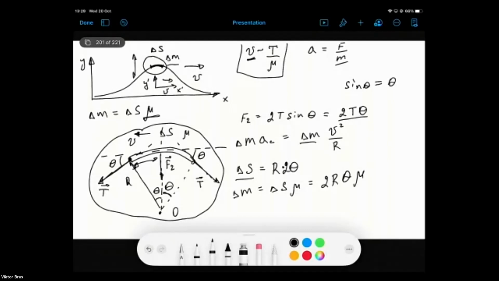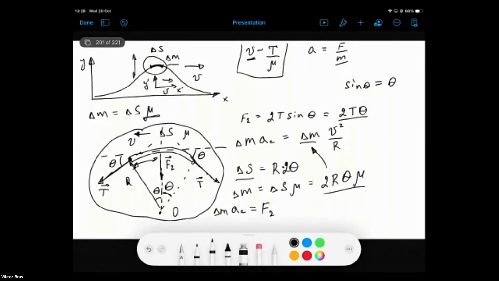So now we have an expression for this delta m in terms of theta and in terms of properties of the string. We can substitute it here and assume that we have equilibrium. So we have delta m times centripetal acceleration should be equal to this radial force originated from the tension.